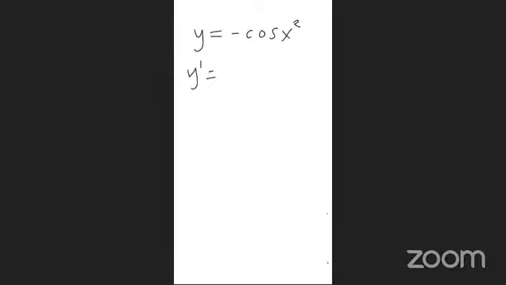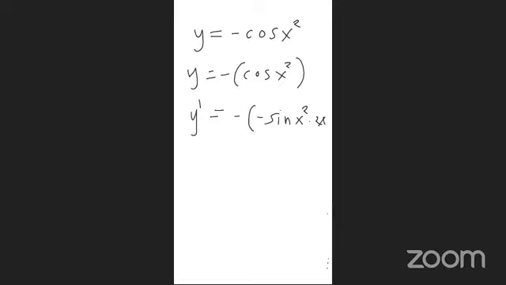Here u is x squared. So the derivative of cos x squared is negative sine x squared times the derivative of x squared, which is 2x.